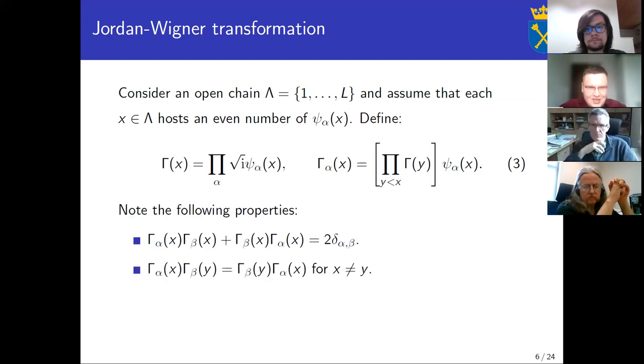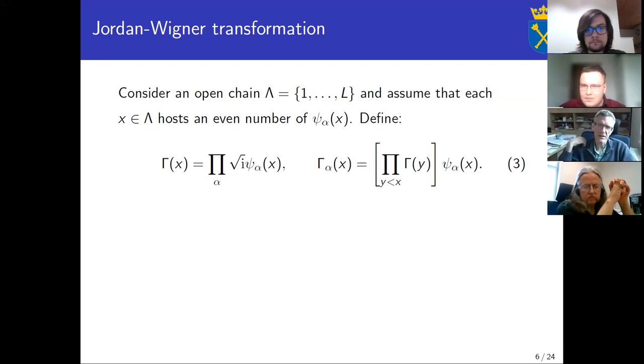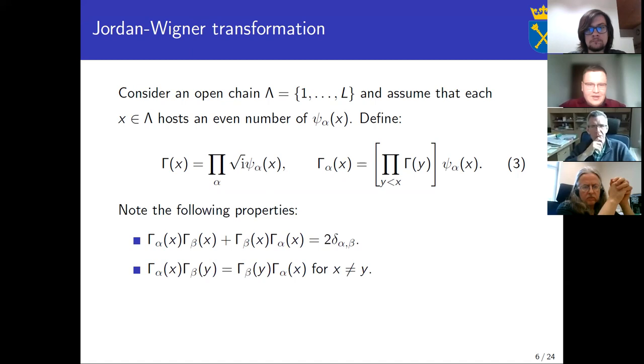So I have some interval of points, so the points are ordered. So this operator is non-local. The gamma alpha depends on, I mean, half of the whole lattice somehow. Yes, you are right. So gamma alpha depends on the fermionic field non-locally. And we have the following properties. This gamma alpha and gamma beta on the same lattice site satisfy the same commutation relations as gamma matrices that everyone knows and loves.